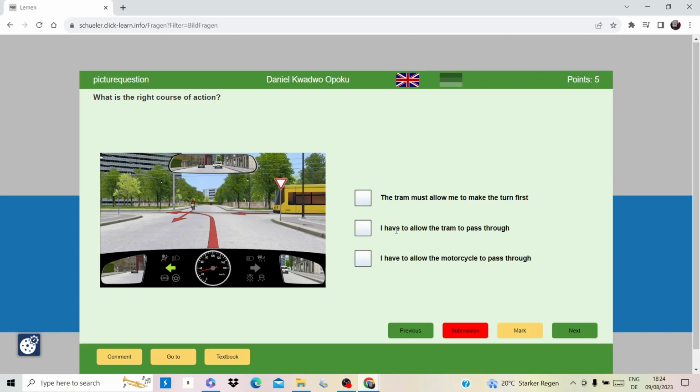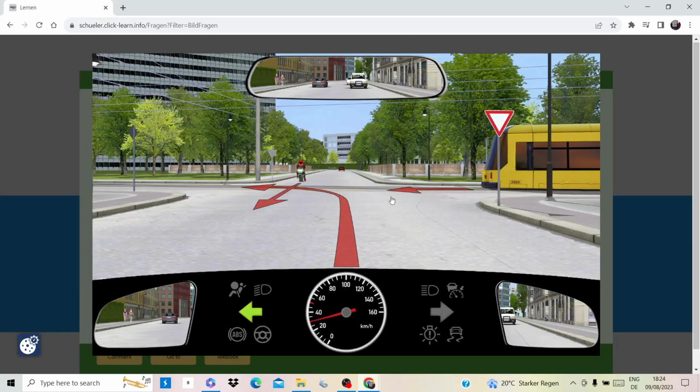Next answer: I have to allow the tram to pass through. Yes, I have to allow the tram to pass through because it is on a priority road and I have this symbol, which means my right of way is limited. Besides, it is on my right. It is standing on the right hand side of me, where we apply the rule that a vehicle that is on the right has the right of way before me.